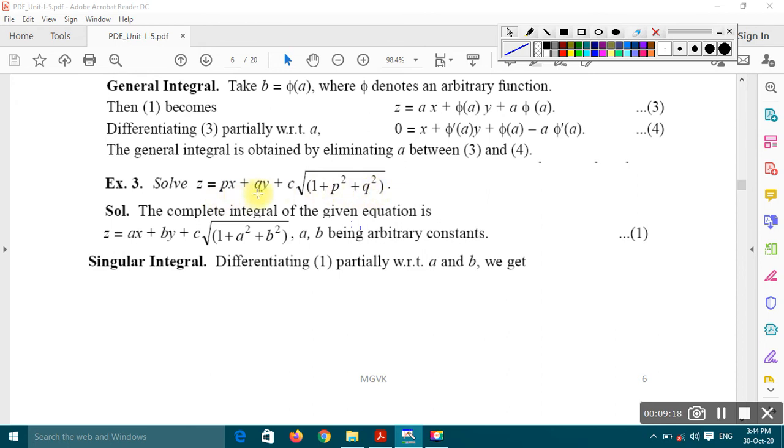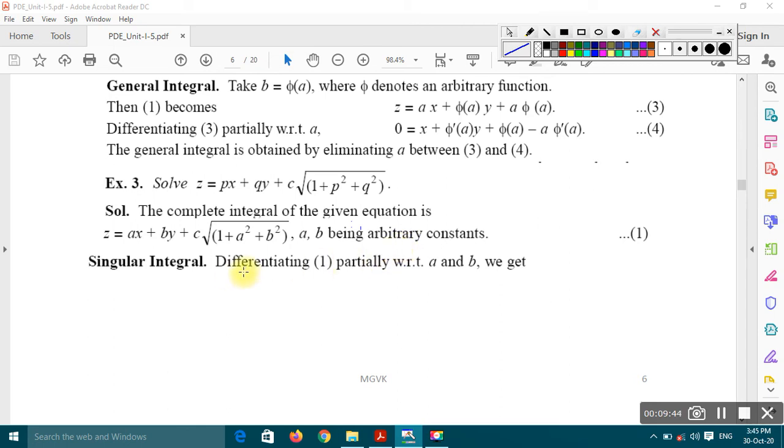Again this equation is in Clairaut's form, because z can be written as px plus qy plus f of p, q. In the place of f of p, q, we have c square root of 1 plus p square plus q square. So the complete integral of this differential equation is z is equal to ax plus by plus c under root 1 plus a square plus b square, where a and b are arbitrary constants.